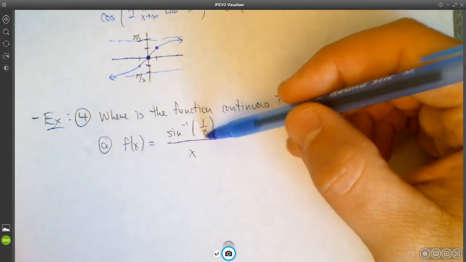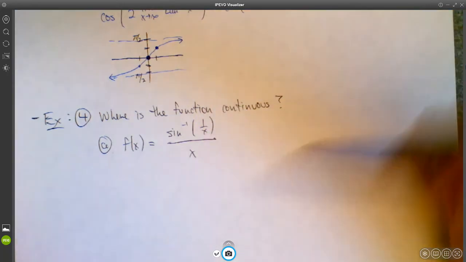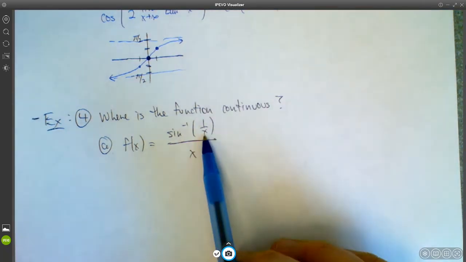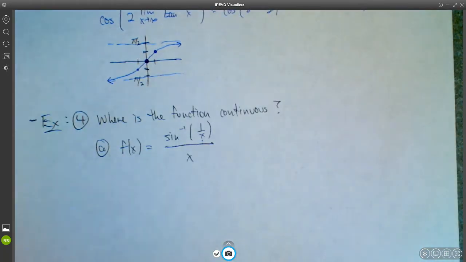So what can't you plug in? You can't plug in something like 1/2, because if you plugged in 1/2 for x, then you'd get 1 over 1/2, which would be 2, and sine inverse of 2 is undefined.